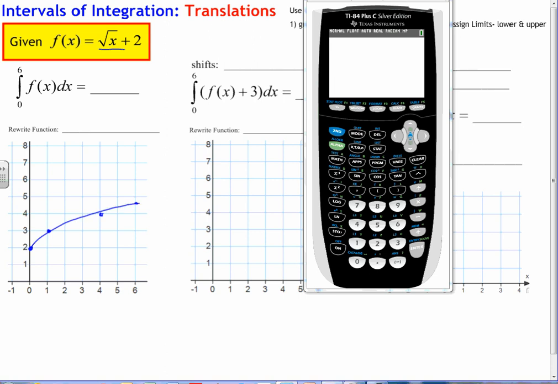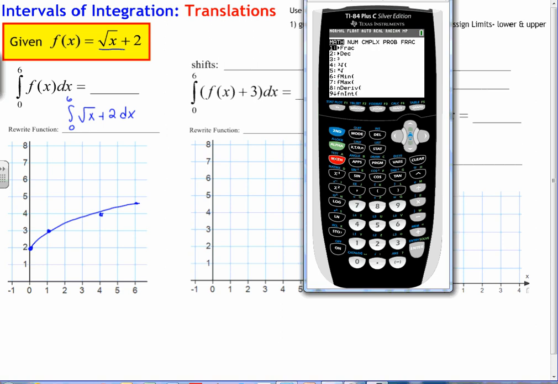Now, rewriting this, we were going from 0 to 6 of f of x, which is square root of x plus 2 dx. And what we want to know is, what is the value of this? Well, our graphing calculators do a very fine job of doing this. You can access it through the math menu, and option number 9 pulls in an integral for me, and I just have to fill in the spaces.